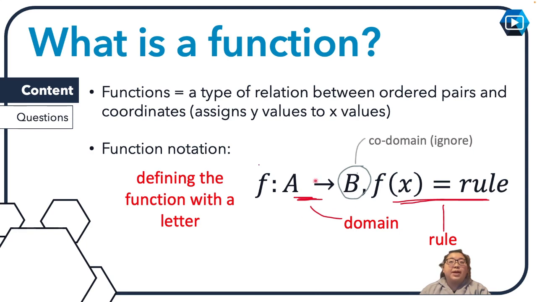Then you're going to put out the domain. We'll talk a little bit about what a domain means in a couple more slides, but essentially your domain is just going to be the range of values which your x, or your independent value, can take. And then you have your B, which is your codomain.